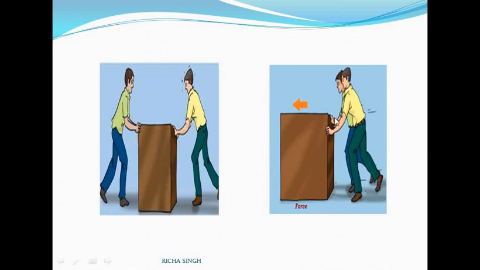In the next picture, both these boys are applying the force in the same direction. Therefore, the resultant force will be the addition of both the forces and thus the box will move, because two forces are applied in same direction and therefore the forces can be added.